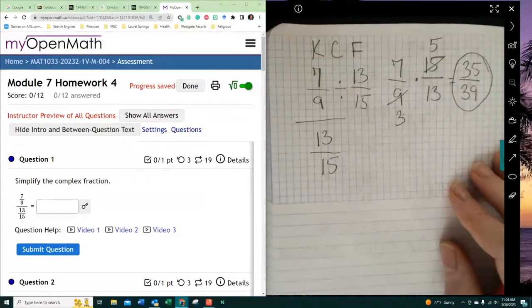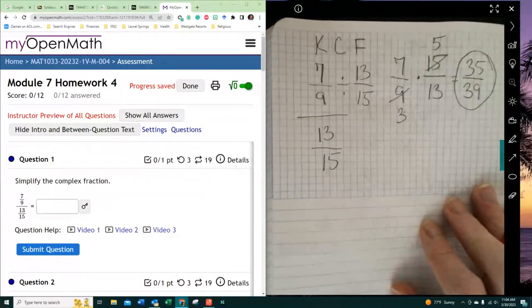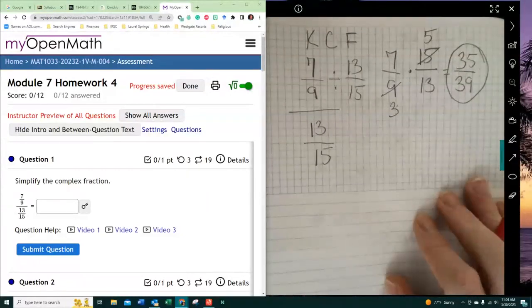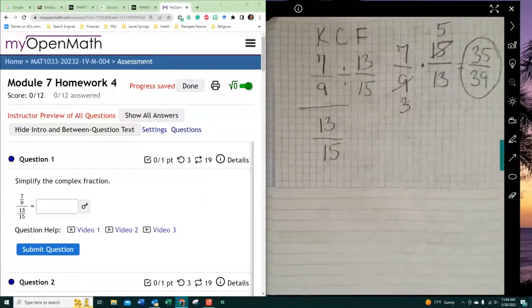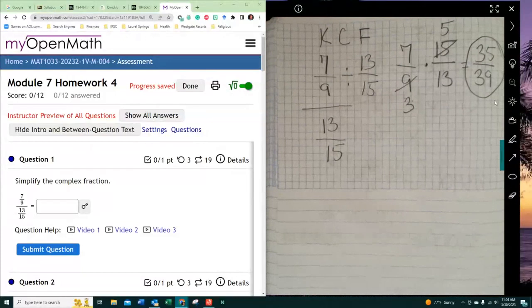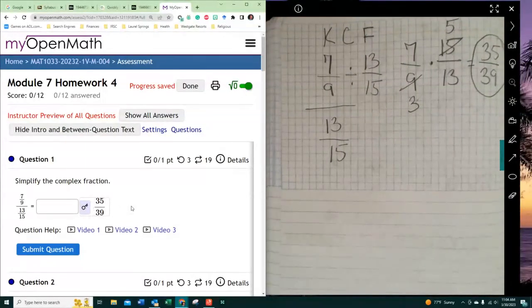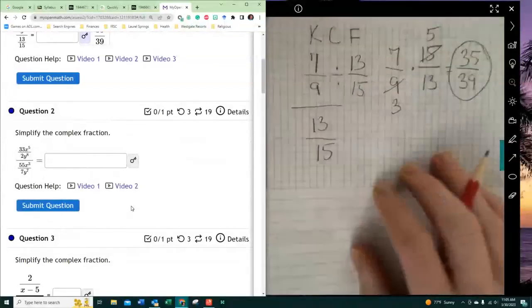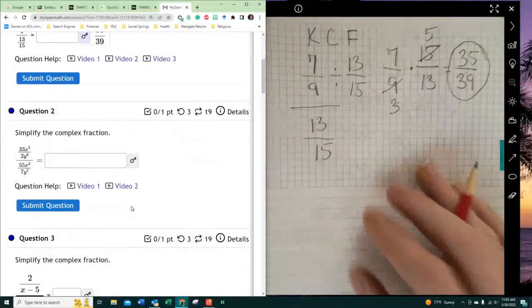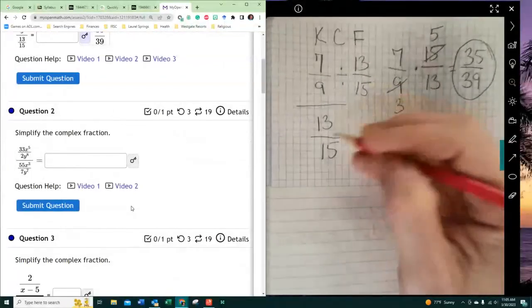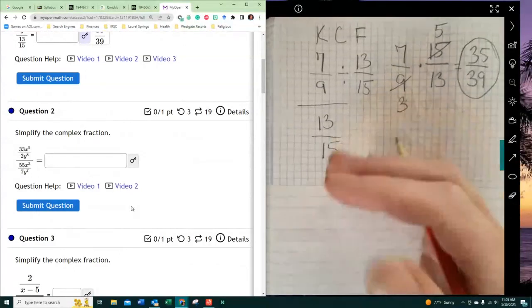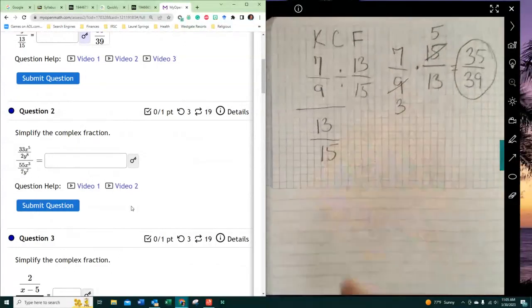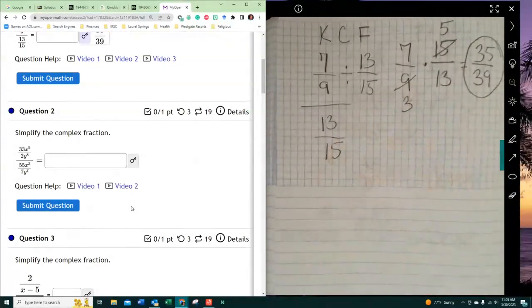So we can use that strategy if we so desire, because it's a fraction divided by a fraction, and that's the answer we get. Now, we can continue to process it this way, but I'm going to venture into another strategy in just a minute.